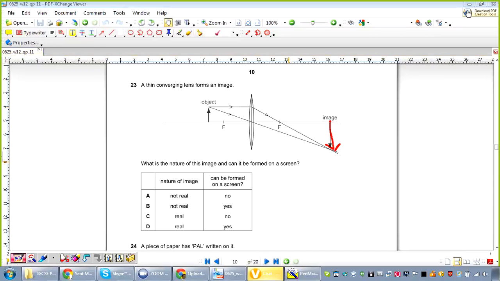Always remember, real images are always inverted. And inverted images are always real. And real images can always be taken on screen. So the image is real and obviously it can be taken on screen because it's an inverted image. Okay.